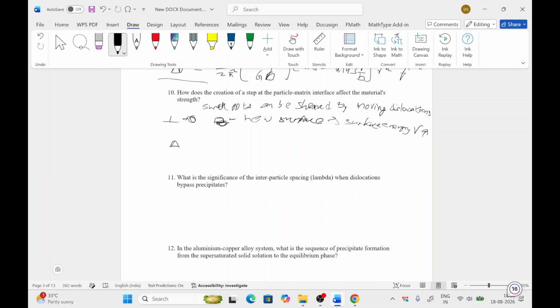The strength contribution from this particle matrix interface creation can be written as 2 times the square root of sigma by pi, gamma s f by r. Here gamma s is the surface energy, sigma is the applied stress, f is the fraction, and r is the radius of the precipitate.